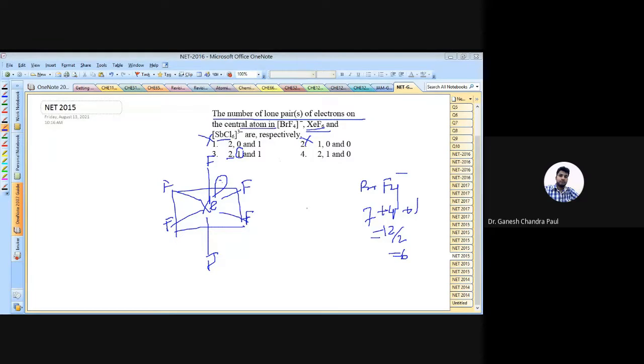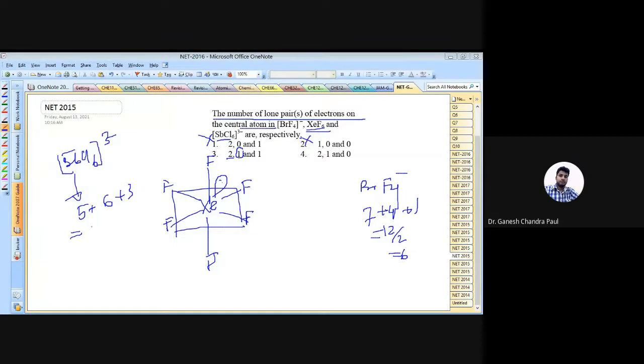Then the final one, that is SbCl6 3 minus. Antimony: nitrogen, phosphorus, arsenic, antimony, bismuth. The antimony gives 5, plus from 6 chlorine it is 6, and from 3 negative charge it is 3.